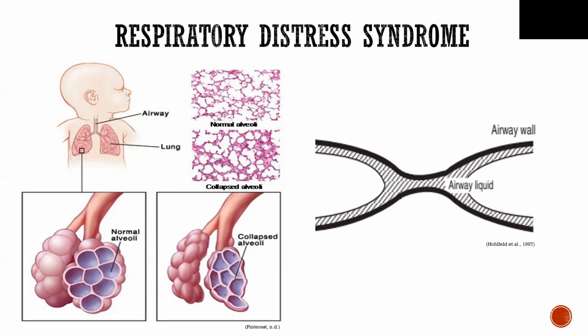If we look at these images, when there is a reduction in surfactant production, the alveoli are susceptible to collapse. They don't have that support. You could think about it as a brittle balloon.